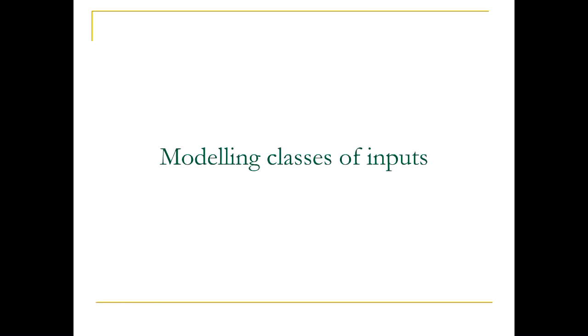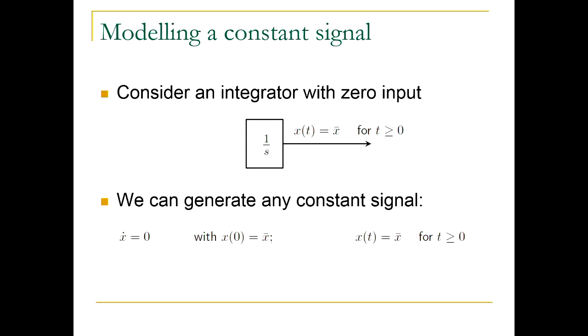So in order to do that, the first step is to explain how we can model classes of reference signals and disturbance inputs, and we will first talk about that. So in the last lecture, we saw that I can model constant signals or step signals as an output of an integrator with a 0 input.